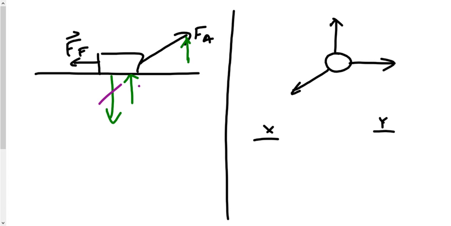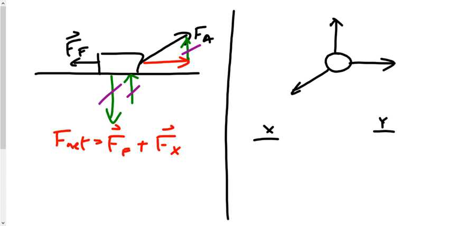So these ones end up canceling each other out. The only thing that I have left here in this question would be this. So the net force becomes equal to FF plus Fx, the x component of the applied force. I can say F net is equal to FF plus Fx without doing x and y components because the y components ended up canceling in these wagon type problems.